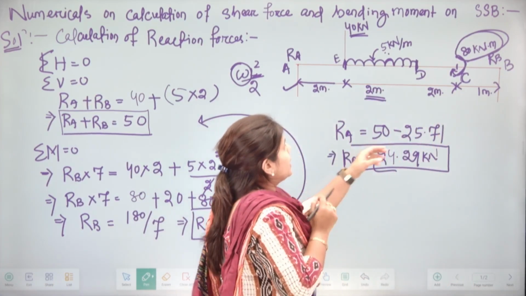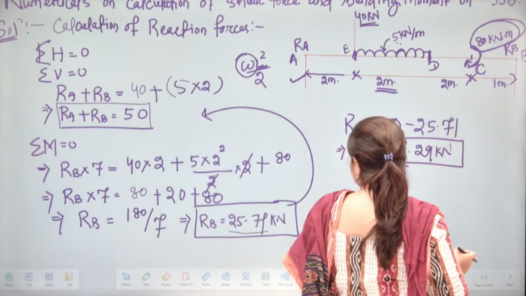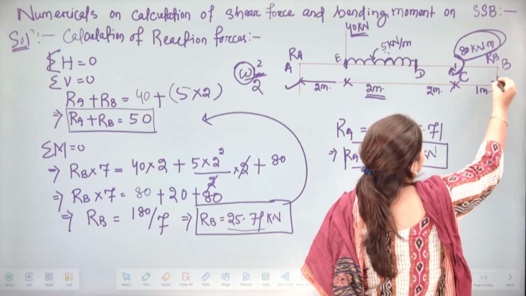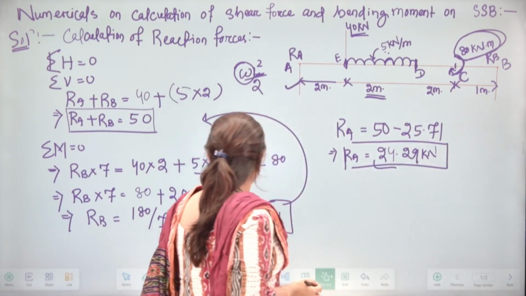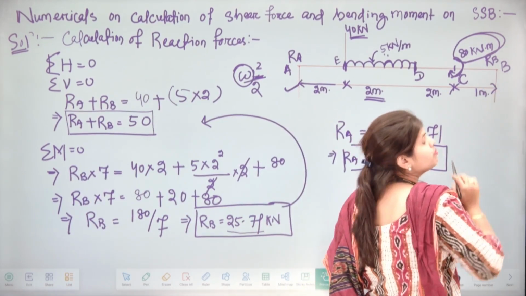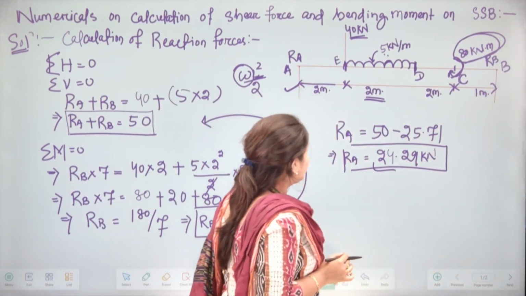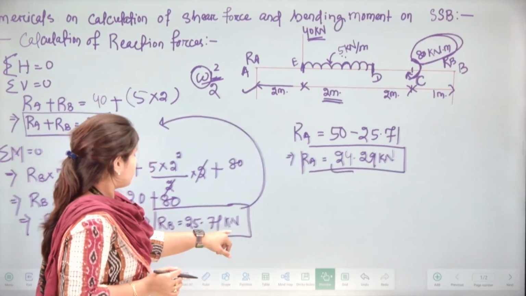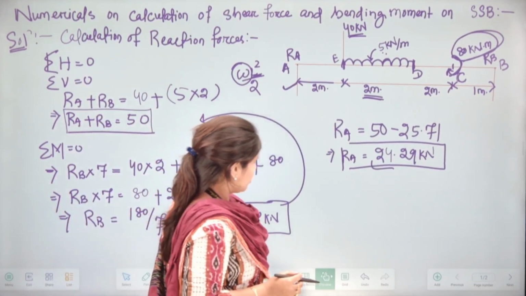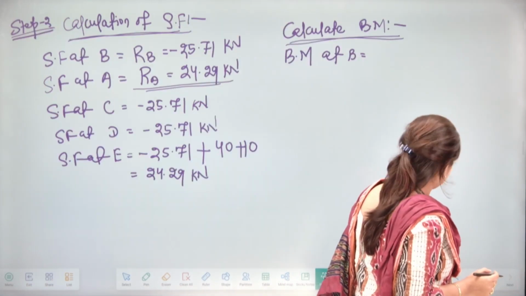At point B, we have the value 25.71, but the distance you can see here is 0. So multiplication of 25.71 with 0 will be 0.